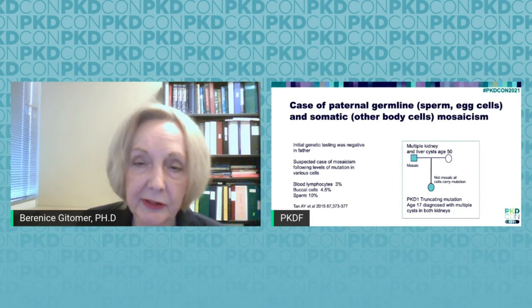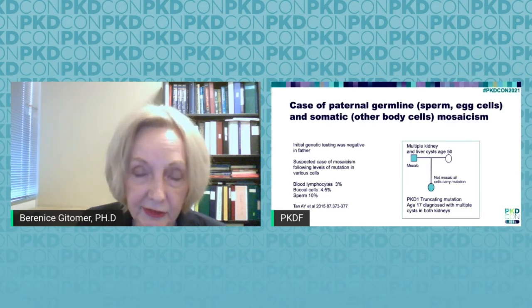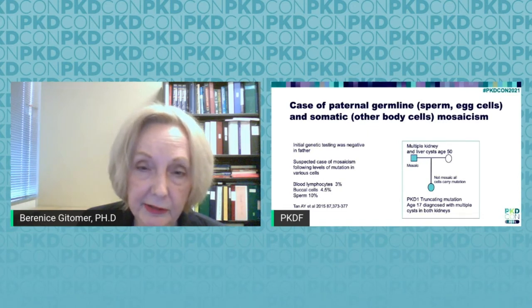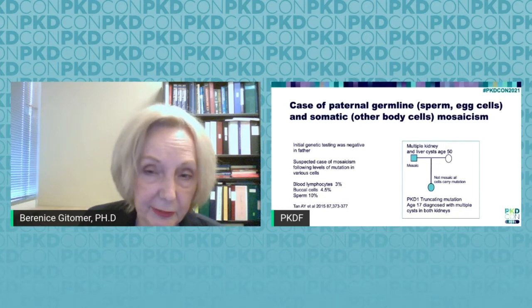Here a 17-year-old was diagnosed with multiple cysts, so fairly severe disease. Initial screening of the father and mother failed to identify a mutation. This child, the daughter, actually had been identified with a truncating mutation. The father, however, did have multiple cysts.